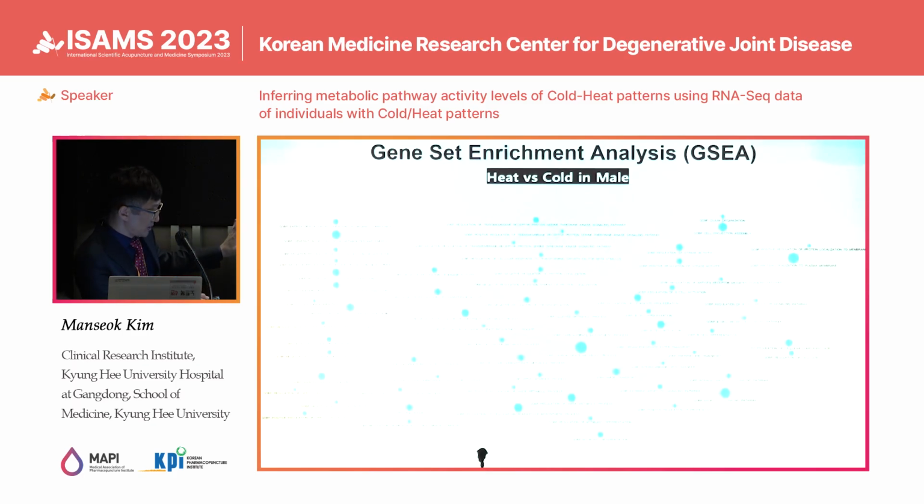From this point, I made all the blue colors for cold pattern and all the red colors for heat pattern. So here for male, we have all the blue colors, which means there are more alterations in male with cold pattern compared to male with heat pattern.